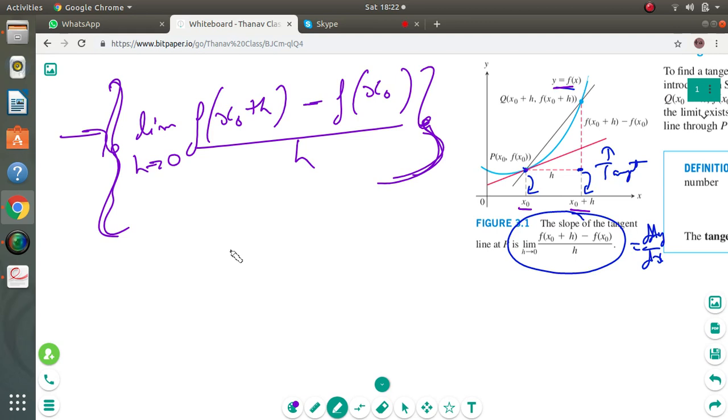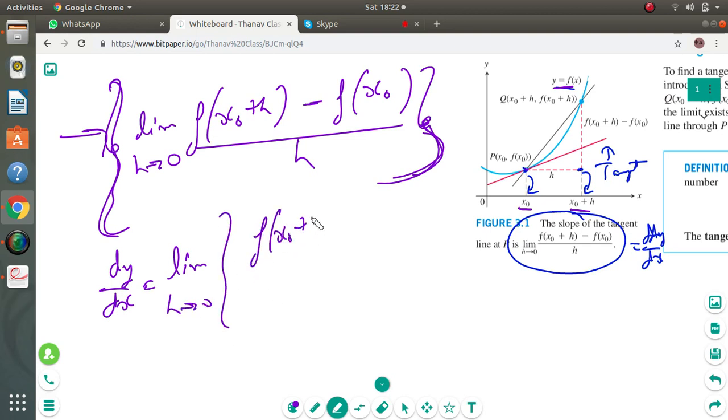This is how we can define dy by dx: dy/dx is equal to the limit h tends to 0 of f of x naught plus h minus f of x naught, whole divided by h.